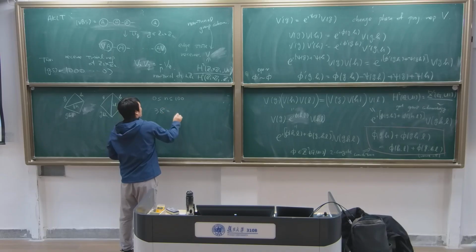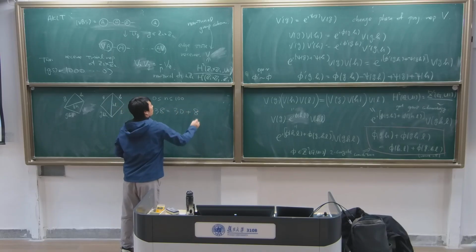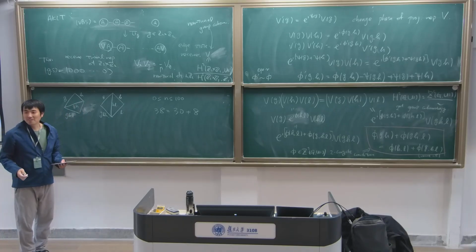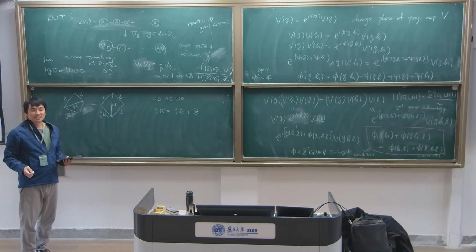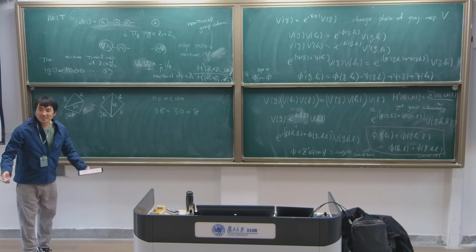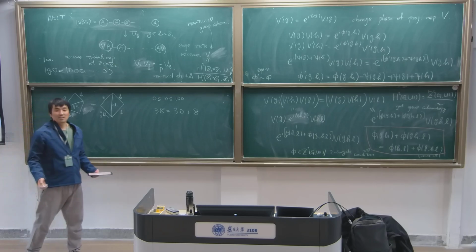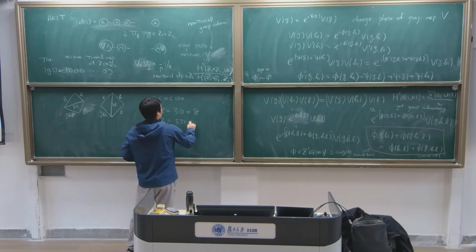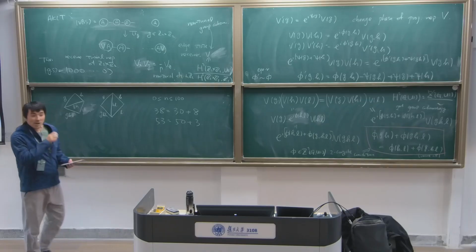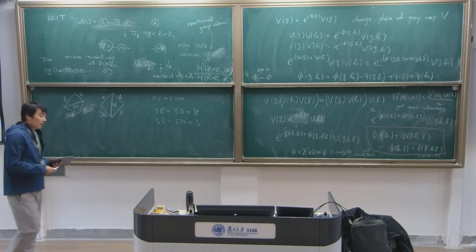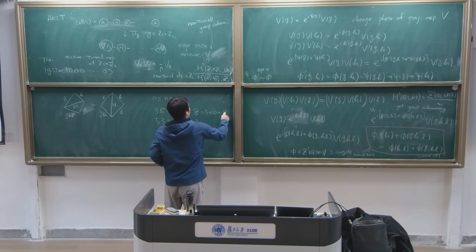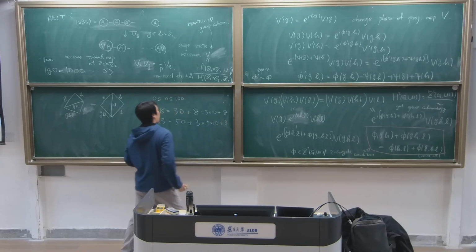Thank you. This is 30 plus 8. Give me some other number. Random number. 53. Wonderful. Okay. So this is 3 times 10 plus 8, and 5 times 10 plus 3.